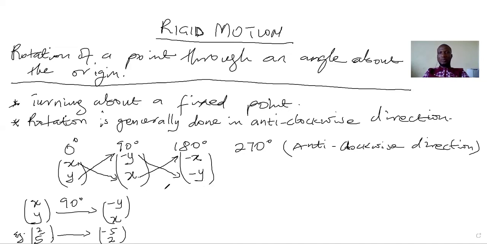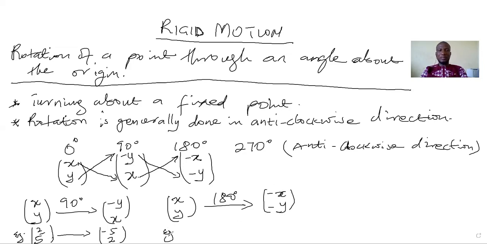All right, so this means that a rotation of the point (x, y) through 180 degrees gives us (negative x, negative y). So when x and y rotate through 180 degrees, we get negative x, negative y.